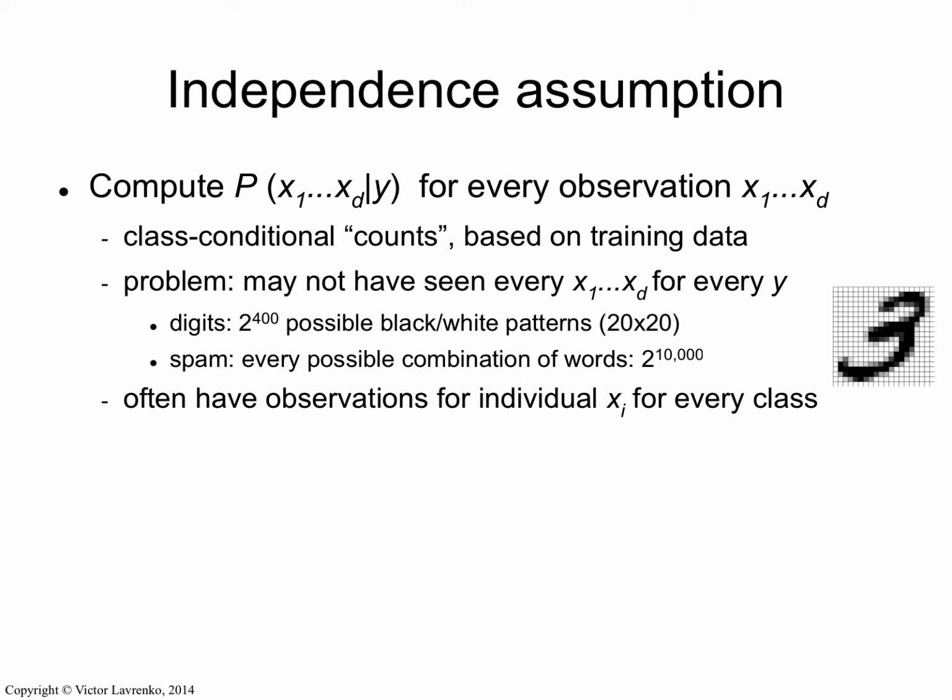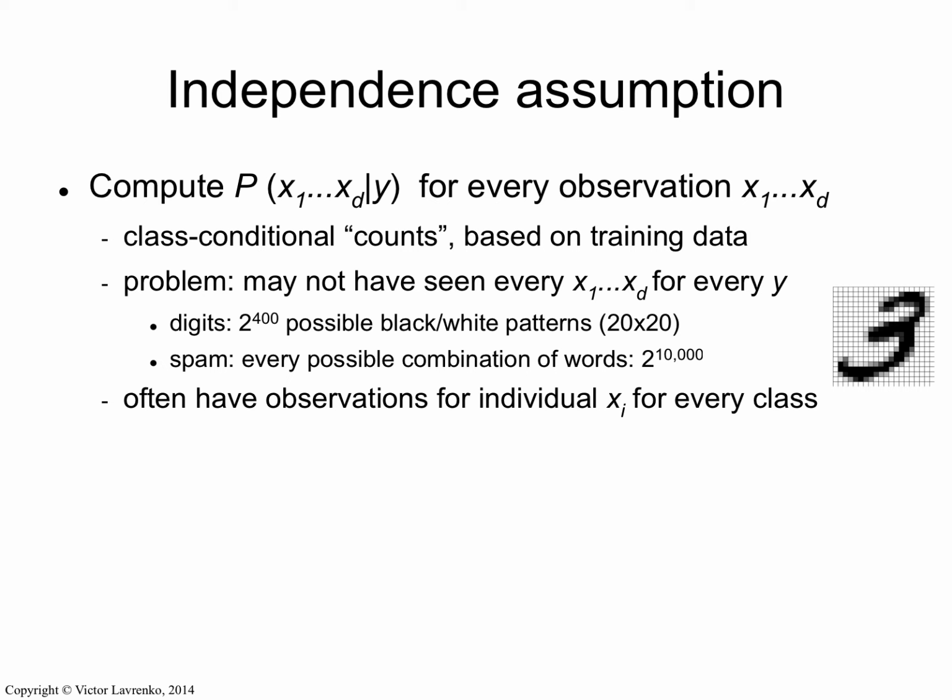So what we're really computing is not just x given y; x consists of a bunch of variables. For bitmaps, it's 400 variables. And we want to compute the probability of 400 variables taking on particular values, assuming that we're in the digit 3 or digit 6 and so on and so forth.